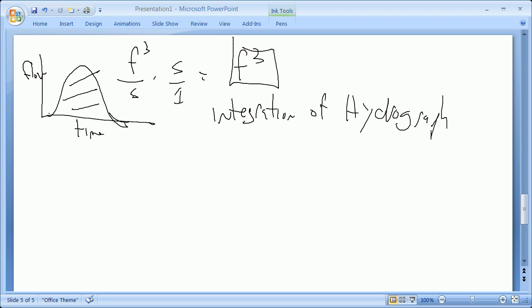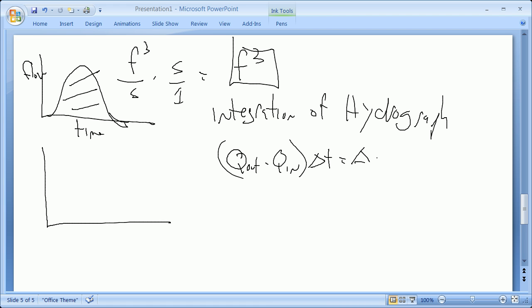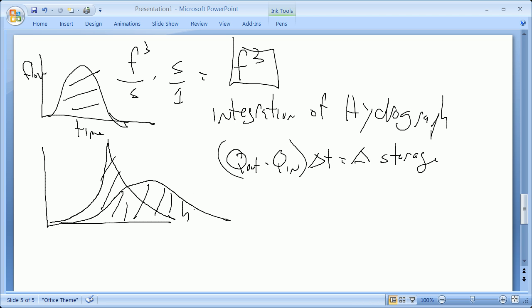So this is a hydrograph, and we know that in reality when we use the storage equation, which is flow in minus flow out times the change in time equals the change in storage, our inflow hydrograph looks something like this, and our outflow hydrograph looks something like this, and we know that the areas under the inflow and the outflow hydrograph are equal if there is no permanent storage.